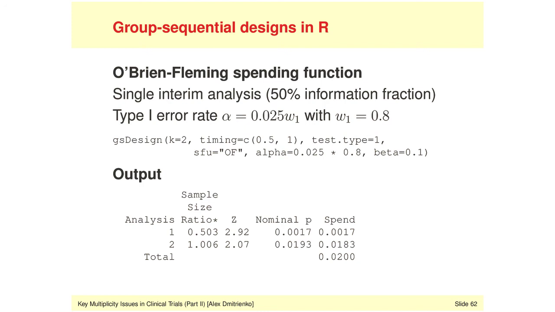These adjusted significance levels at the interim analysis as well as the final analysis are displayed at the bottom of the slide. We can see here that they are equal to 0.0017 at the interim analysis and to 0.0193 at the final analysis. This is the kind of code that I ran to populate the tables I used in scenarios 3 and 4.